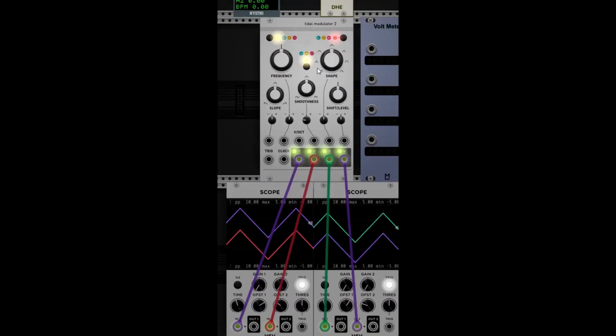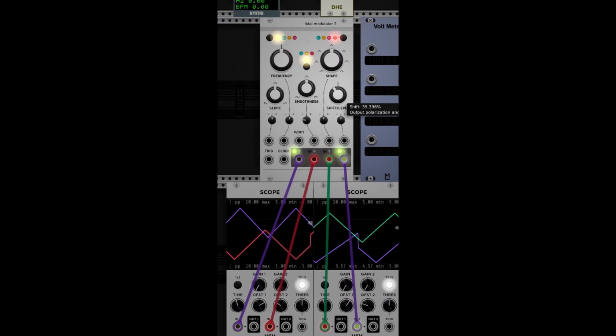When the LED here in the upper corner is lit red, the 4 outputs deliver different frequencies. Turning the shift level knob to the left makes the frequencies decrease in order of the outputs from 1 to 4, with 4 delivering the lowest frequency.